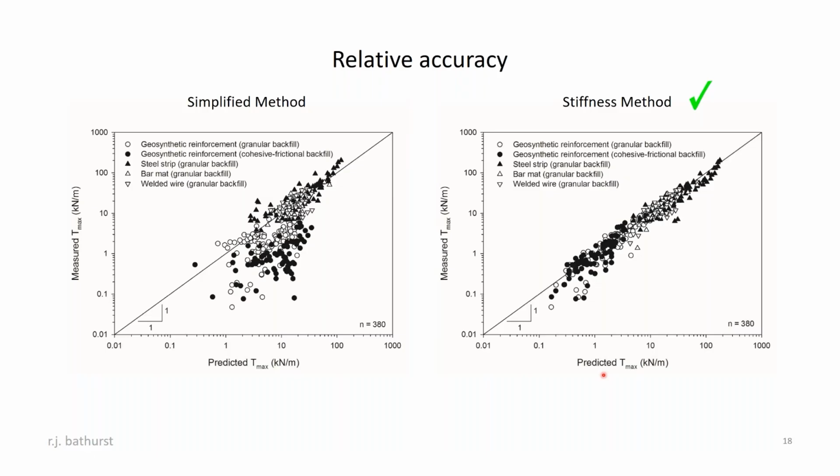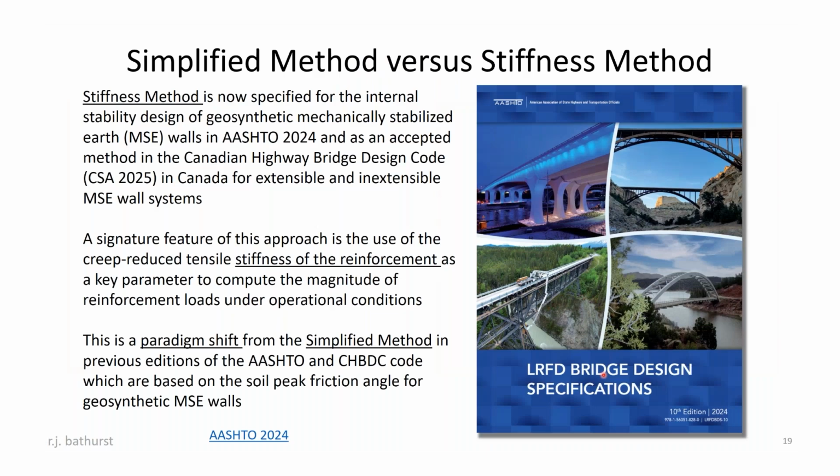And in fact, the agreement can also be shown through quantitative statistical characteristics. And so the stiffness method is now specified for the internal stability design of geosynthetic MSE walls in AASHTO 2024, and is also found in the Canadian Highway Bridge Design Code, for both extensible and inextensible reinforcement systems.